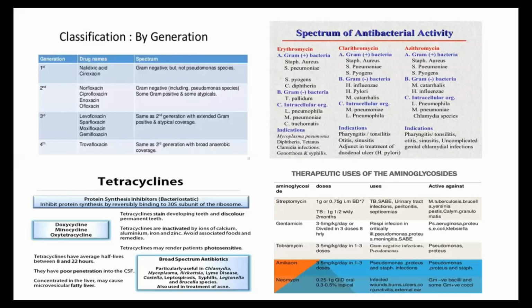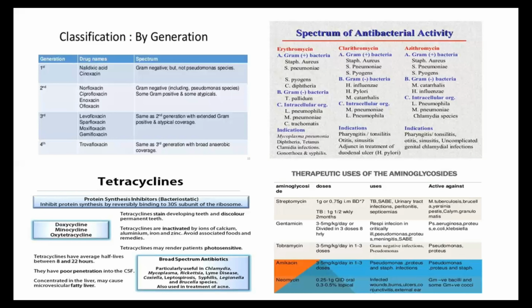Tetracyclines are protein synthesis inhibitors, and these are bacteriostatic drugs. They inhibit protein synthesis by reversibly binding to the 30S subunit of the ribosome. Examples are doxycycline and minocycline. Tetracyclines stain developing teeth and discolor permanent teeth, and are inactivated by the ions of calcium, aluminum, iron, and zinc. Avoid associated foods and remedies, and tetracycline may render patients photosensitive.